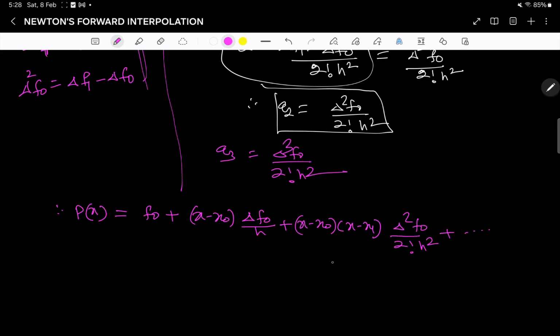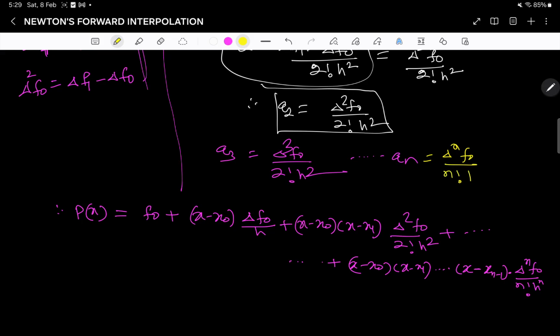And if we go on continuing like this, it is x minus x0 into x minus x1 up to x minus xn minus 1, into del n f0 by factorial n h to the power n. Okay, that means if you continue in this way, here an will be del n f0 by factorial n h to the power n.